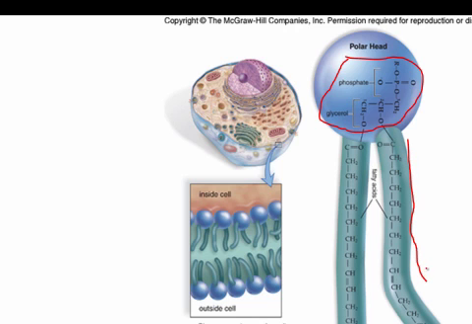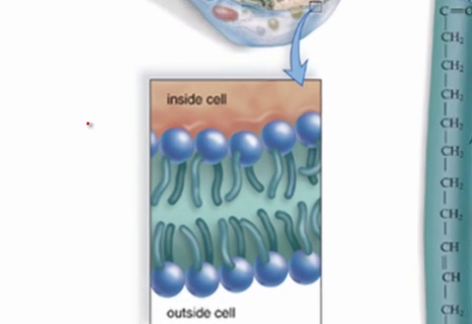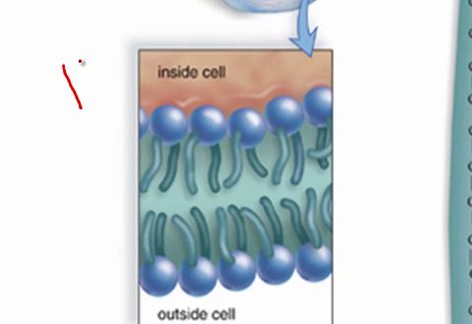Whenever you place these phospholipids in water, they will spontaneously form the bilayer, which you see in the middle diagram. The polar heads are going to be on the outside and also facing the inside of the cell, and those nonpolar tails are going to try and get away from water. And so that creates this phospholipid bilayer.